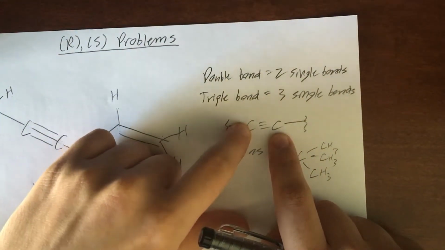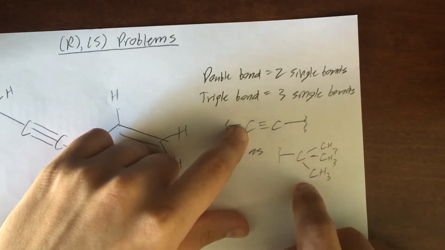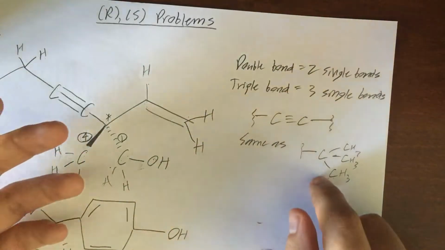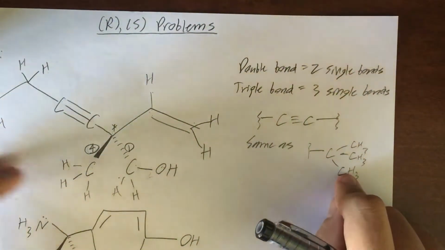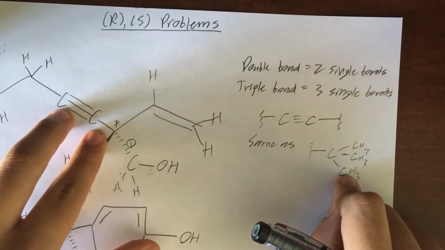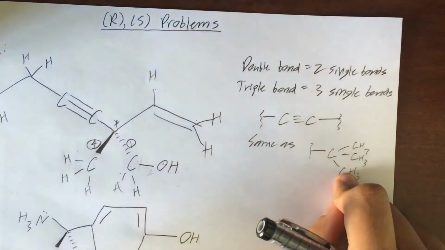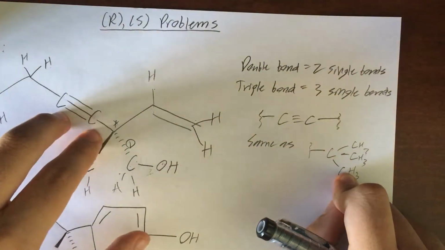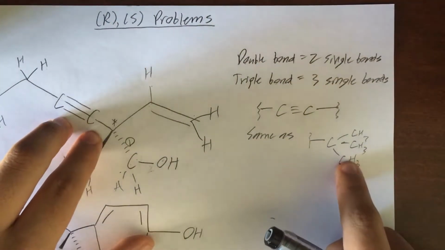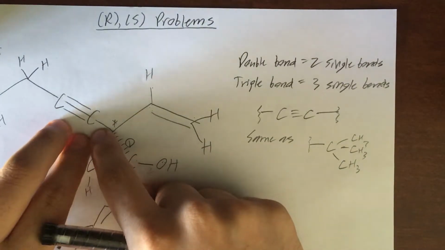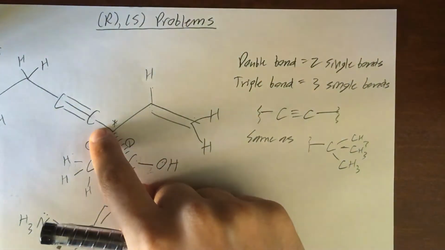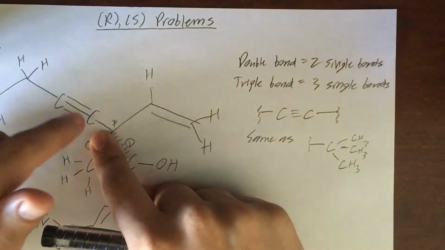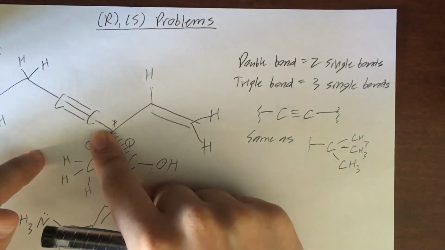It's the same thing as this carbon atom having 3 single bonds to carbon, okay? That's how you can imagine it with the Cahn-Ingold-Prelog rules. Now, in reality, this is still a C-C triple bond. However, when you're looking at the priority rules, you can imagine this as being the same as this. So this triple bond, you can think of it as this carbon having 3 single bonds, and each single bond is to another carbon atom, okay?